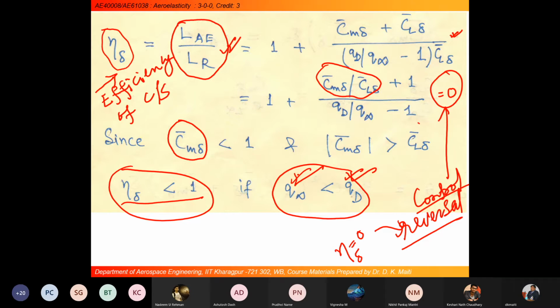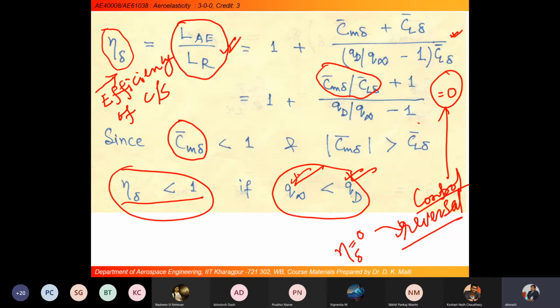the condition is defined as reversal. That means whatever numerator part of this equation we get, we will be equating that numerator part equal to 0. In the earlier divergence case, we got the idea that when theta is infinitely large due to flexibility of the structure, the deformation of the wing goes to infinity, in other words a very high value of angle of attack.